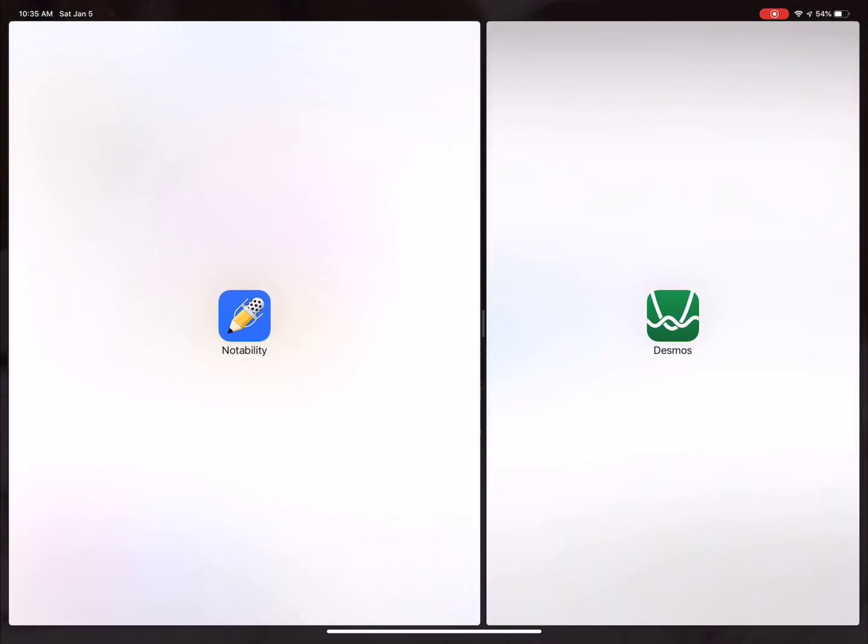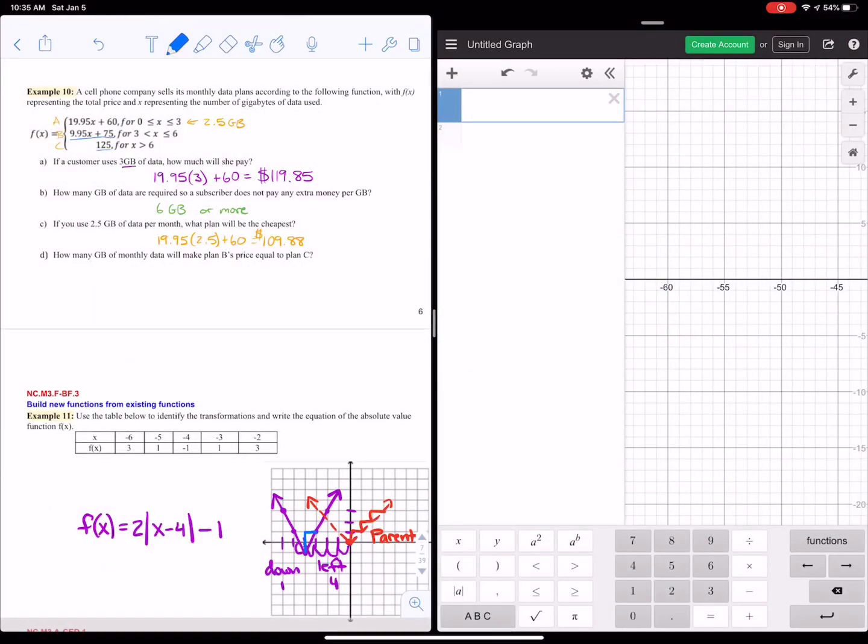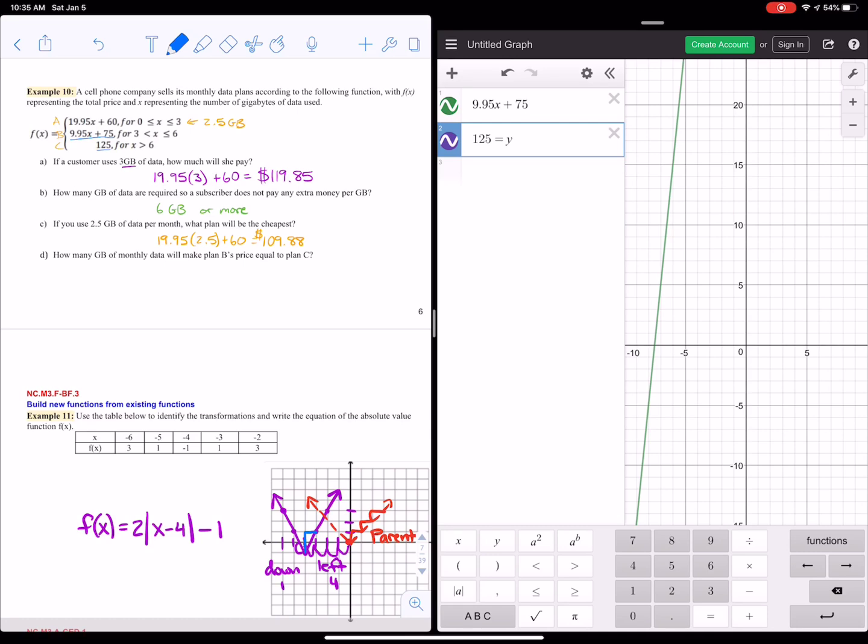I think I can drag it over a little bit. There we go. Make that a little bit bigger. So 9.95x plus 75 is our first one. And then plan C was 125. So let's say 125 equals y. Then I'm going to push the home button to take me back to my normal screen.